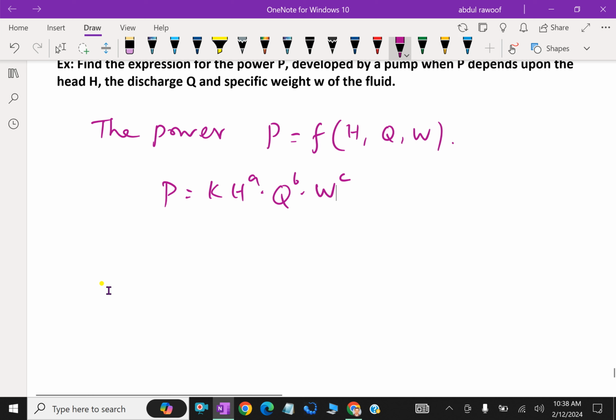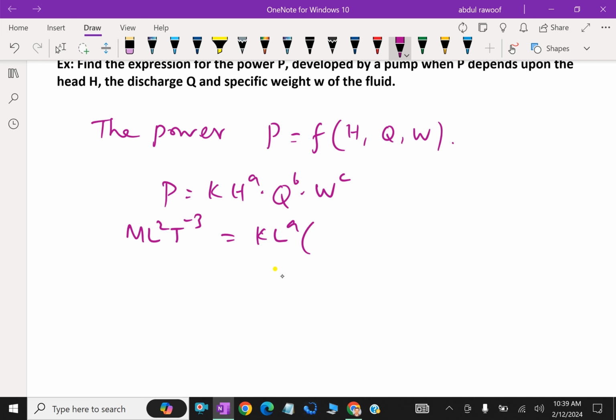Then we are introducing the MLT system for power. Power in the MLT system has dimension M L square T power minus 3, which is equal to k times, H is a head, so it is length L power a.